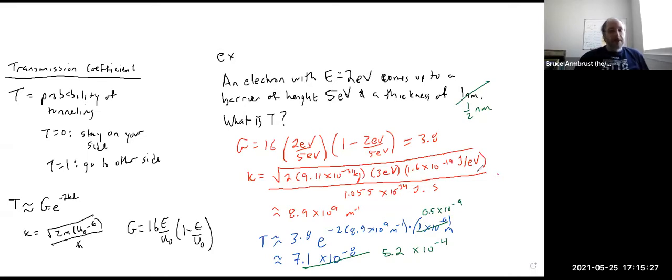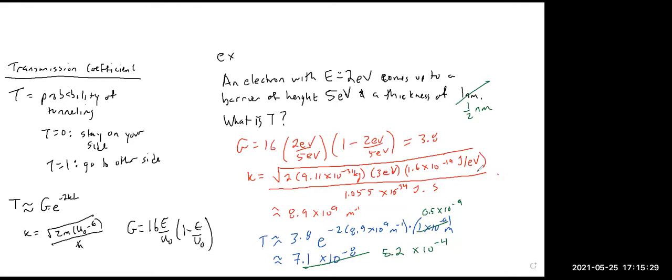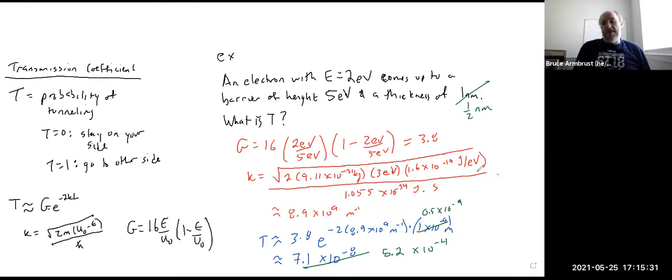All right, so kind of shocking, honestly. I mean, you would think, well, geez, if our energy is really close to that of the potential energy, we should be able to make it through. But okay, if it's really close, but it's a huge thickness, it's still going to be tough to make it through. Right? Think about this. Suppose that you're walking in mud, right?